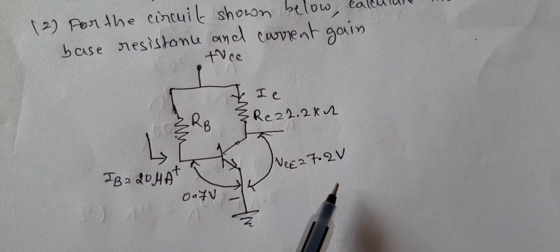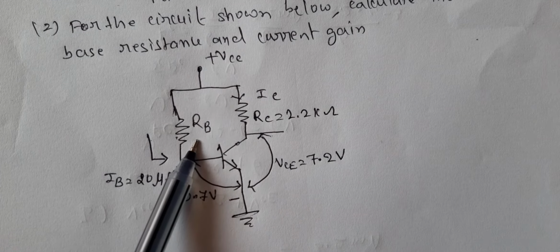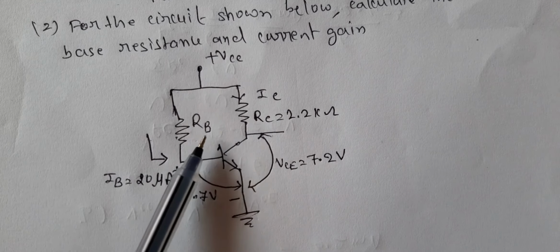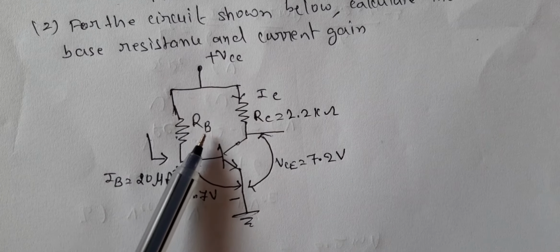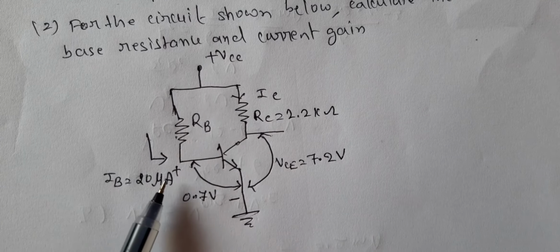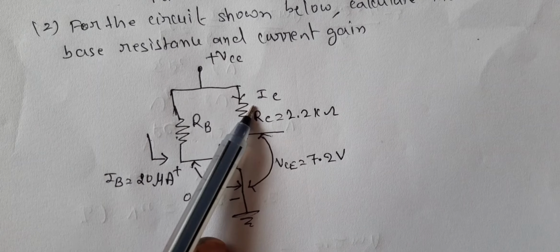What is the RB value? To calculate RB you need beta, because beta equals IC by IB. IB is given, therefore you have to calculate IC first.